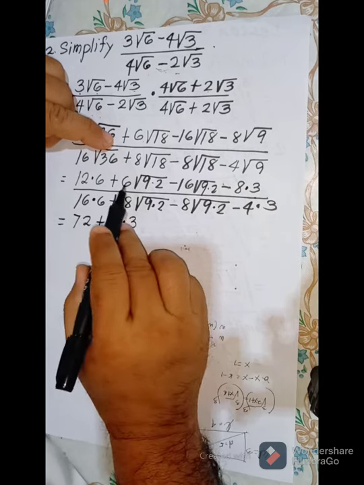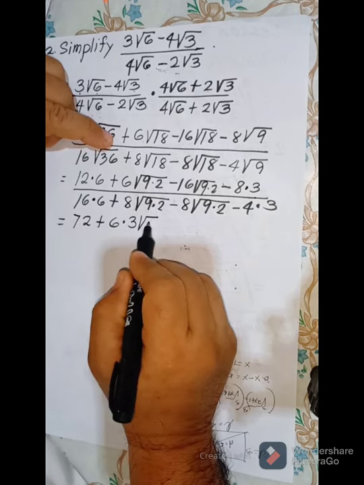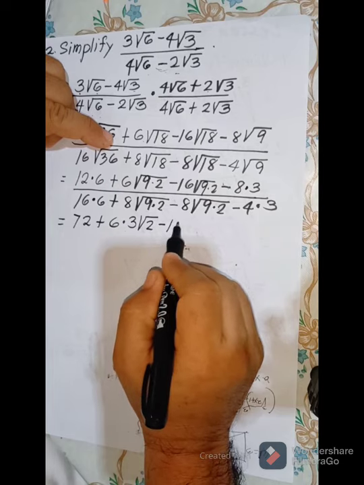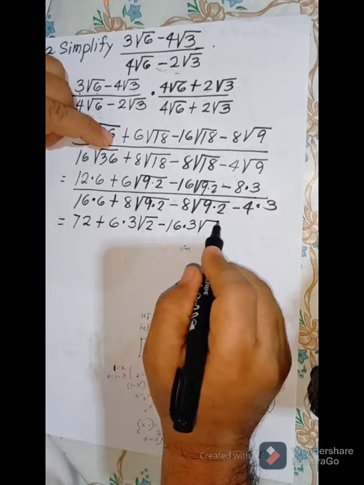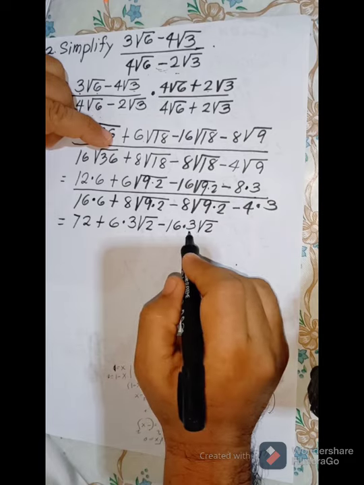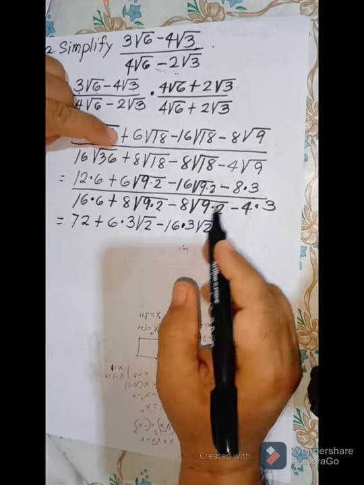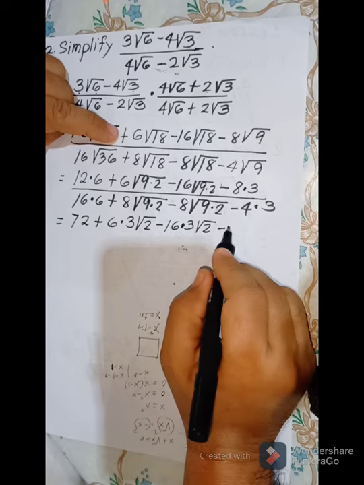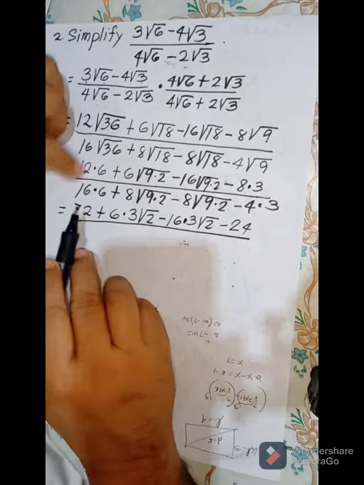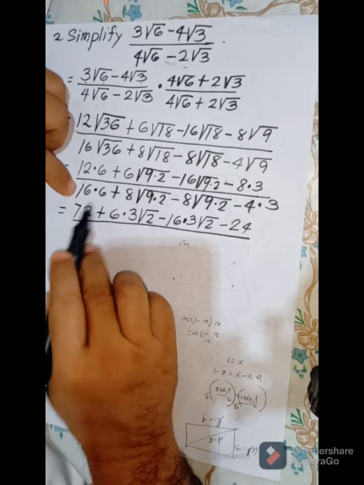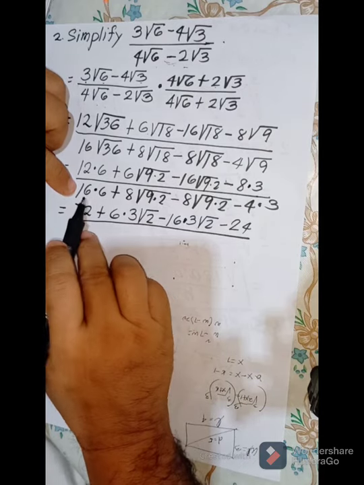So we have 6 times 3 square root of 2 minus 16 times 3 square root of 2, because the square root of 9 is 3. So we have 16 times 3 minus 8 times 3 is 24, over 16 times 6 is 96.